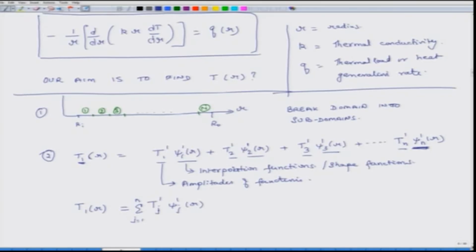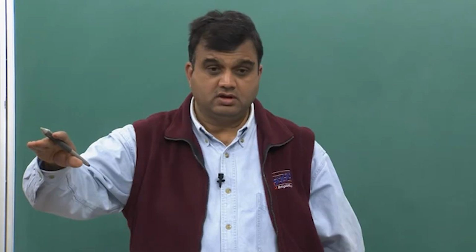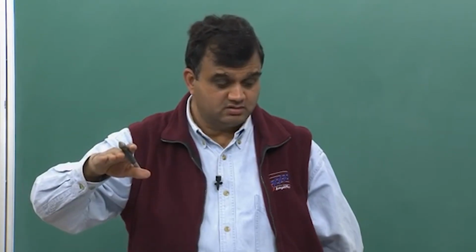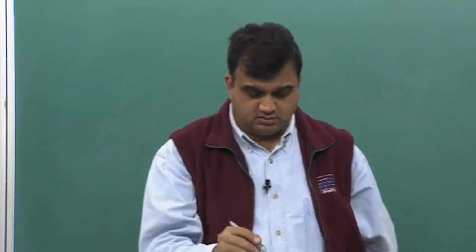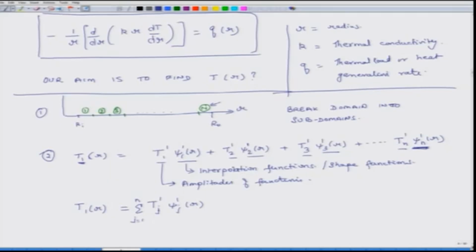Small n is the number of functions which we are considering to capture the variation of the function on an element. Big N is the number of elements. Capital N is the number of elements, and small n is the number of functions we are using on each specific element. Understood? Okay.